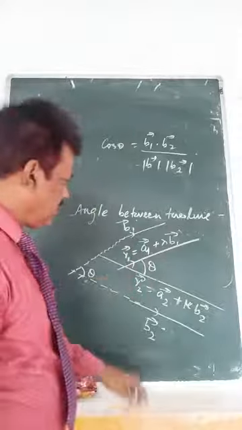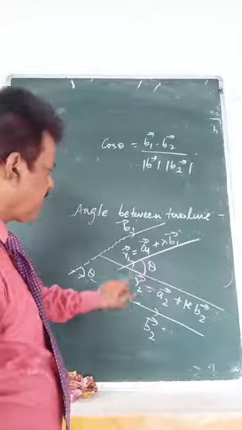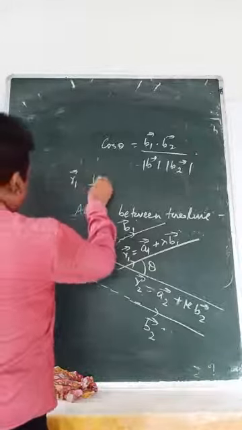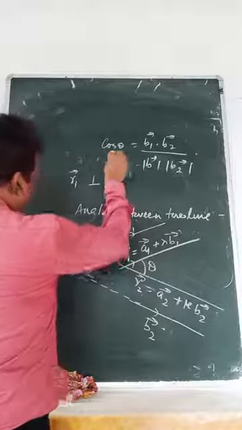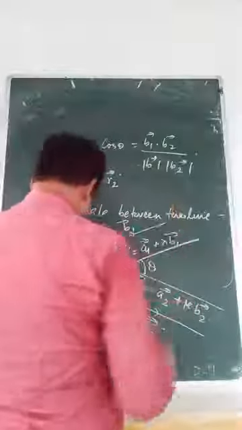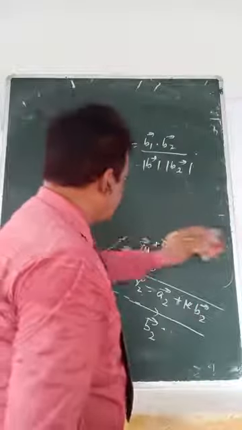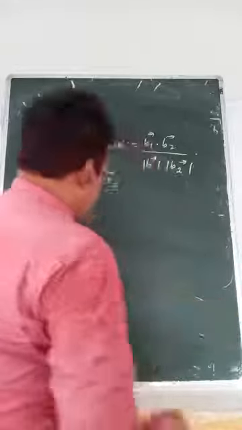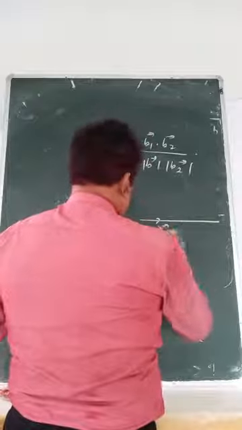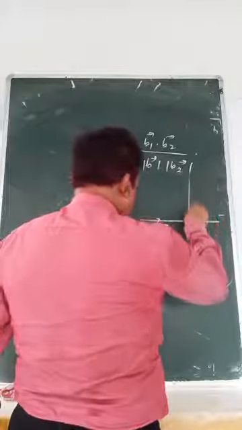Okay. What about if these two vectors are perpendicular? Suppose r1 is perpendicular to r2 vector. Situation will be created like this, that this is your r1 vector perpendicular to r2 vector.